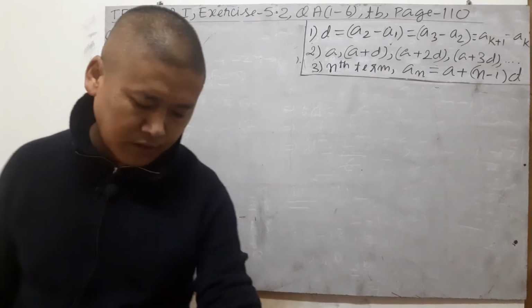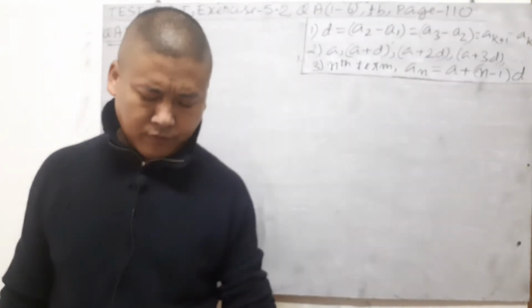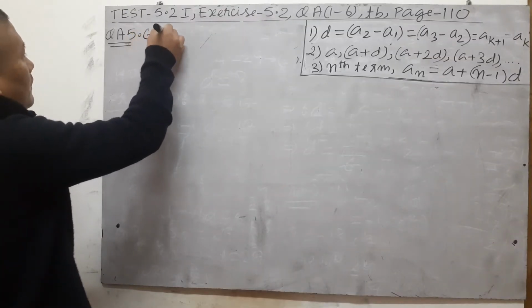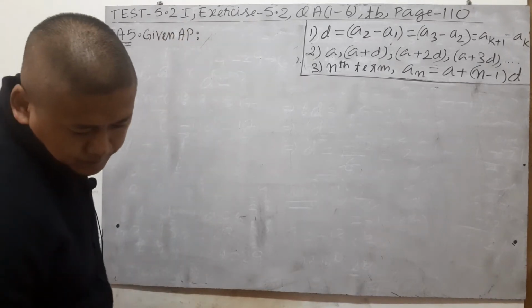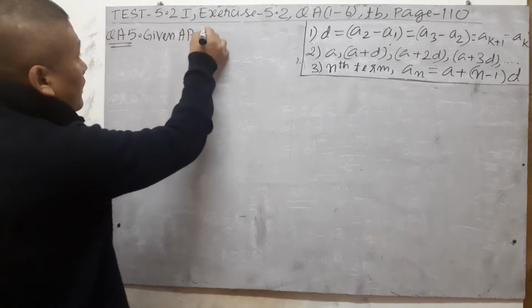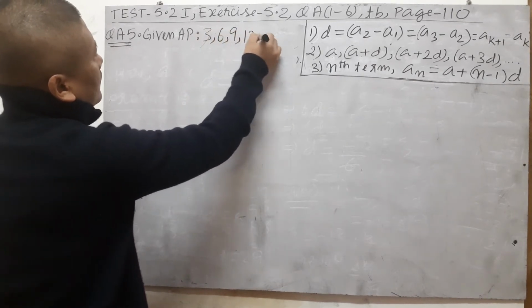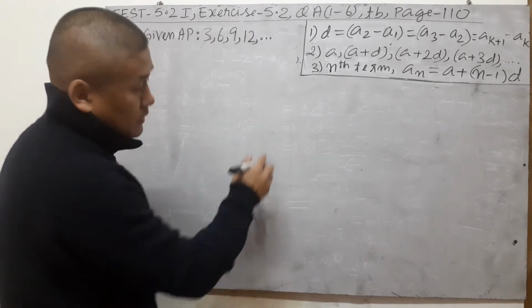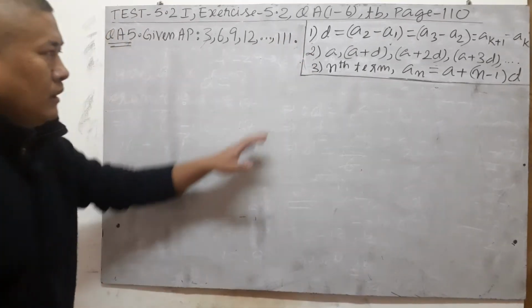How many terms are there in the AP 3, 6, 9, 12, etc., up to the last term 111? So given AP, 3, 6, 9, 12, etc., up to the last term is 111. So the last term is 111.